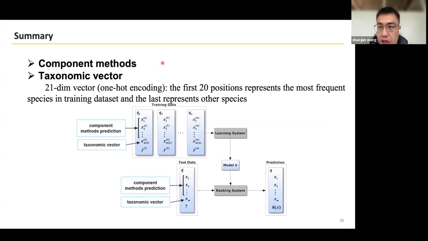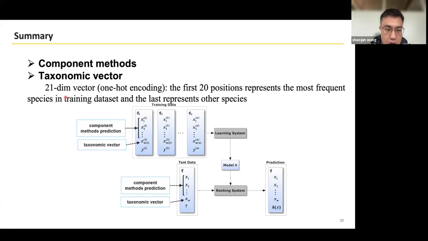When integrating these new component approaches, we also took into account the species information of the protein. At the time of integration, each protein is characterized not only by a predicted score from the component methods, but also a 21-dimensional vector to encode the species information.